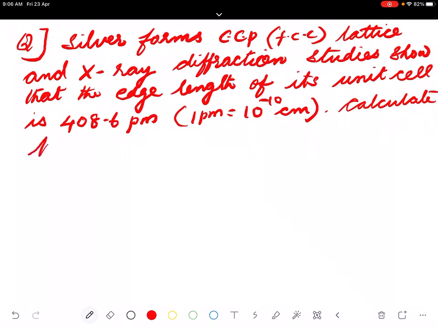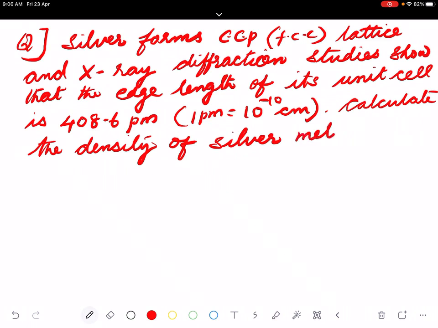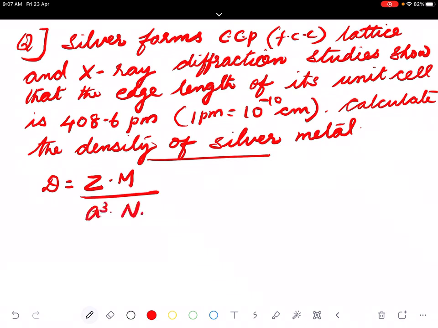So density is equal to Z M upon a cube Na. This is FCC, so Z is equal to 4.